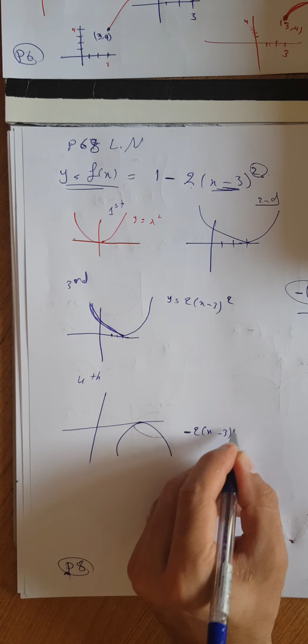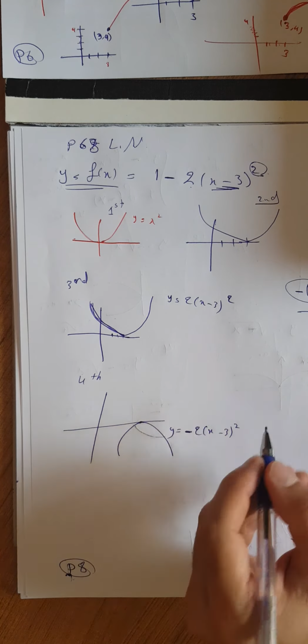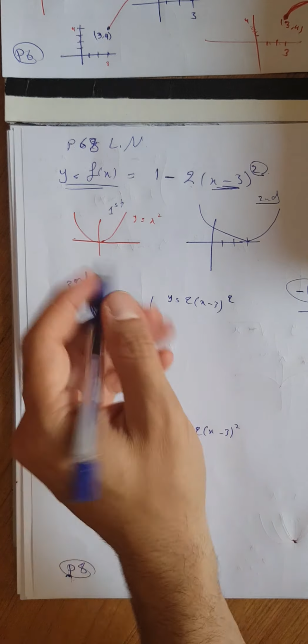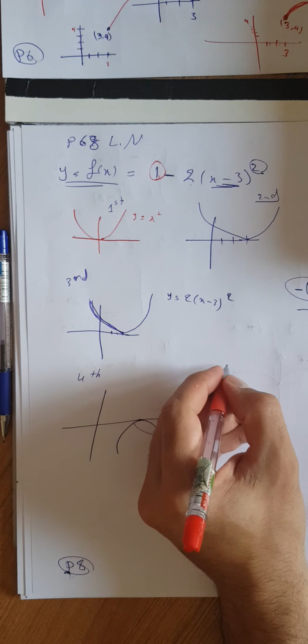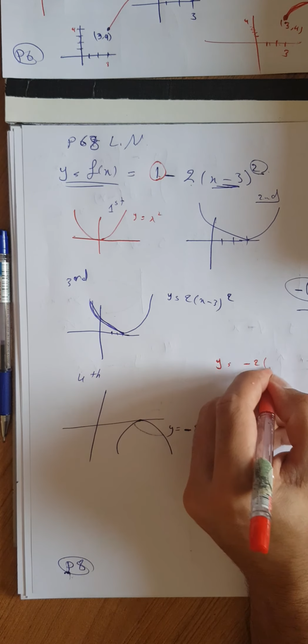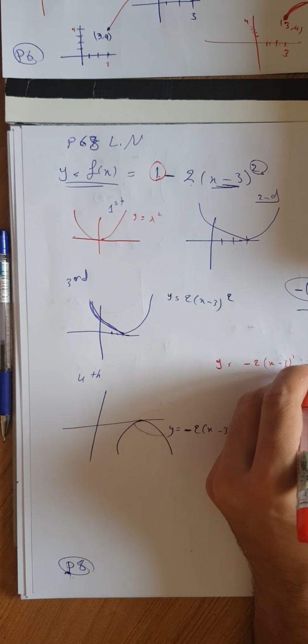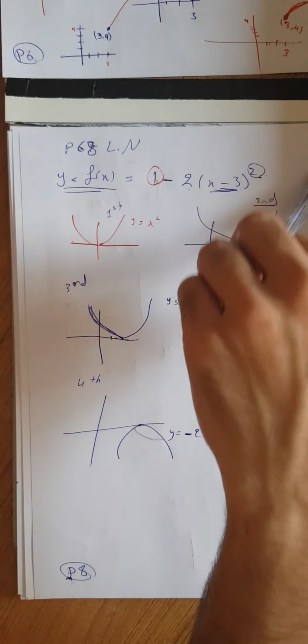And finally, in the fifth one, I have 1. You can write it down like this: minus 2 times (x minus 3) squared plus 1. Am I right? Yes, because this plus 1 can change it.